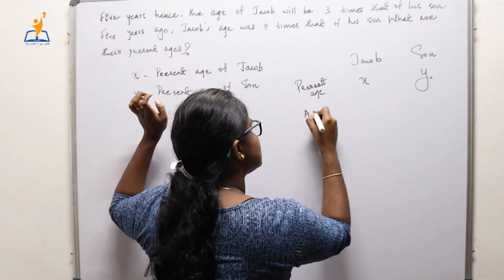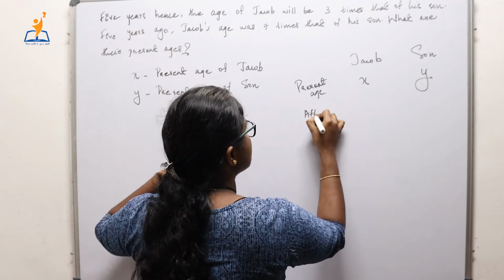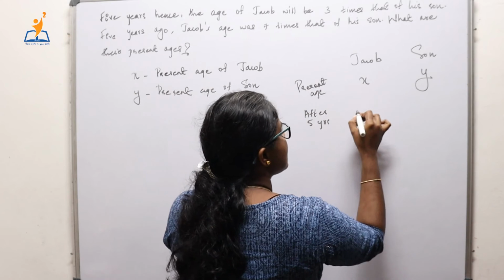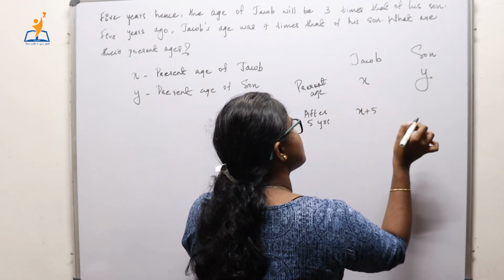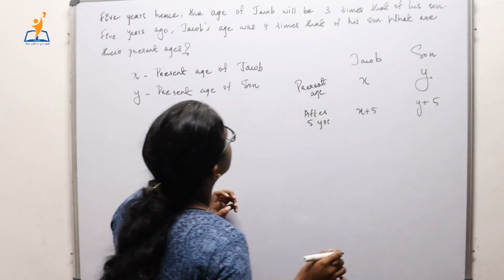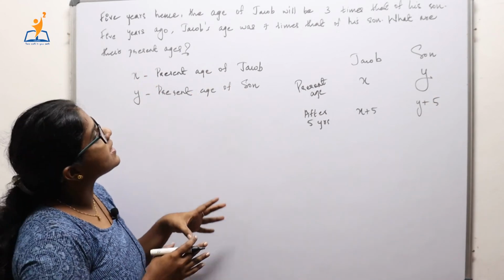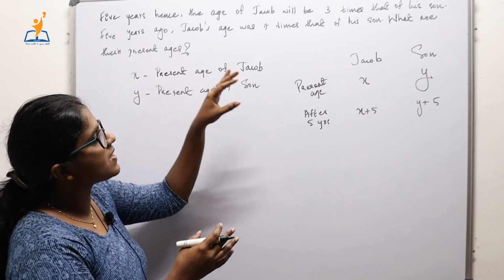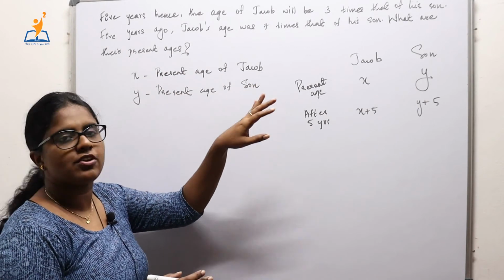After 5 years, that is 5 years hence, obviously Jacob's age will become x plus 5 and the son's age will become y plus 5. In the question it is given that 5 years hence the age of Jacob will be 3 times that of his son.